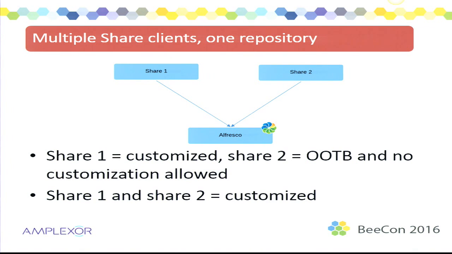Third argument is search. It's not because you have two Share clients that you don't want the search to be company-wide. So it's quite possible that your user wants to search in the out-of-the-box Share, but he also wants to find documents which were uploaded using the customized Share. So if you don't want to set up replication or anything, you need one repository in the back.